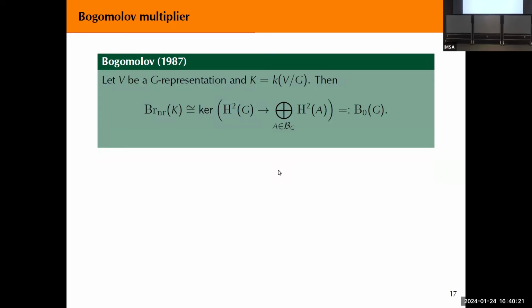It's expressed in terms of completely discrete things. It's the kernel of H2 of G with coefficients in K star, to the sum over all the bicyclic groups A of H2 of A. It's the kernel of that. And he calls that group B0 of G, and this is the Bogomolov multiplier group. And of course, this being such a straightforward definition, it attracted the attention of people doing explicit computations.